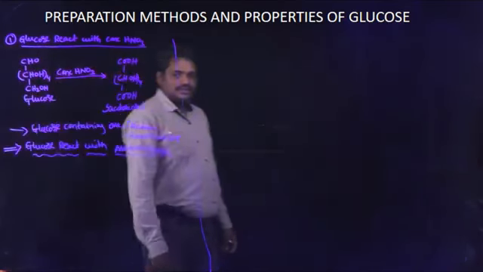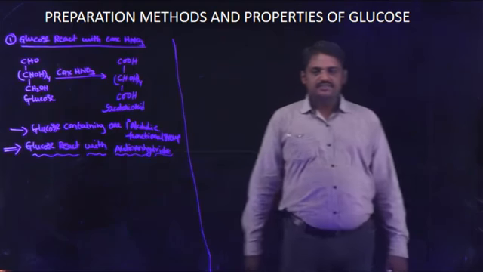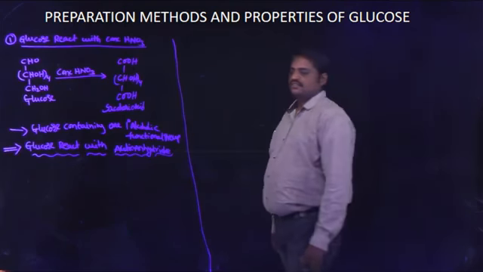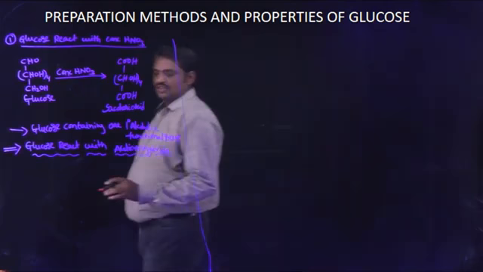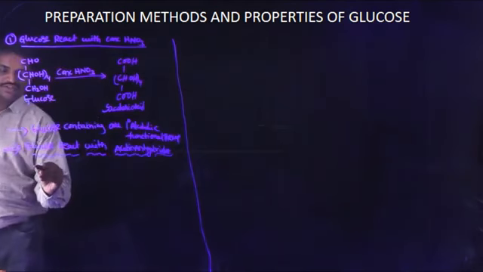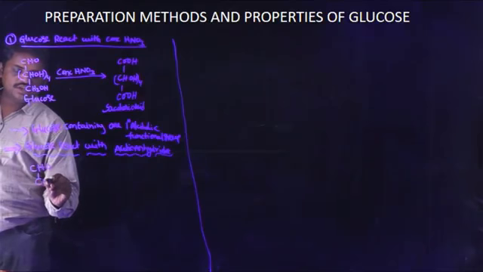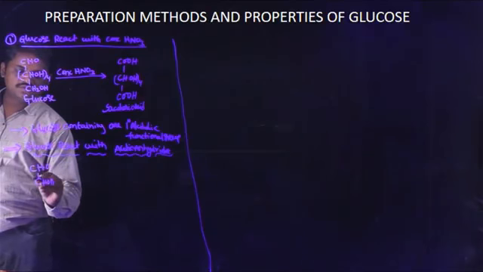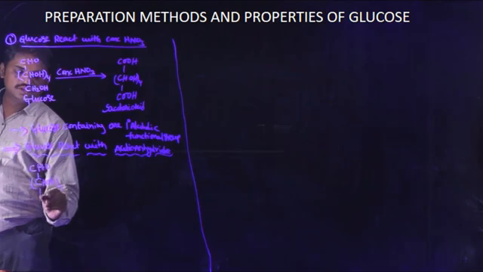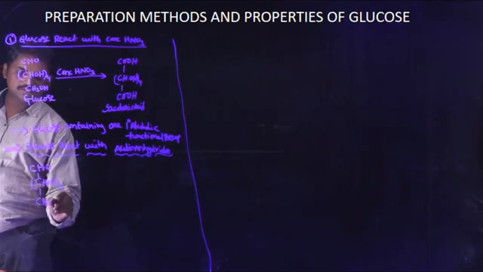Glucose reacts with acidic anhydrides. Generally, the structure of glucose is CHO, (CHOH)4, CH2OH.